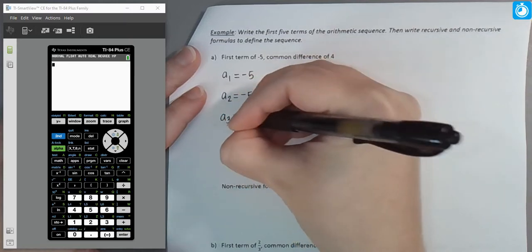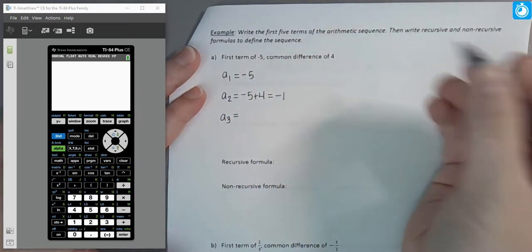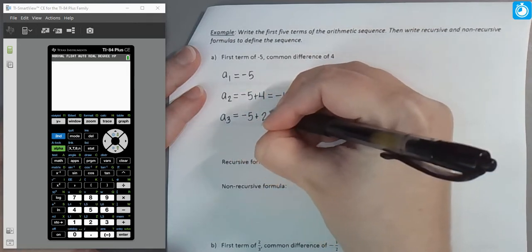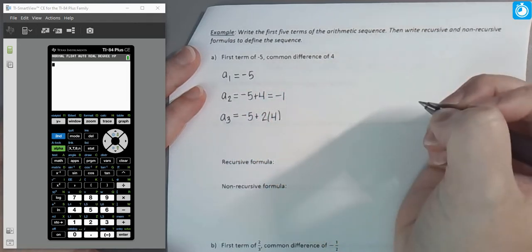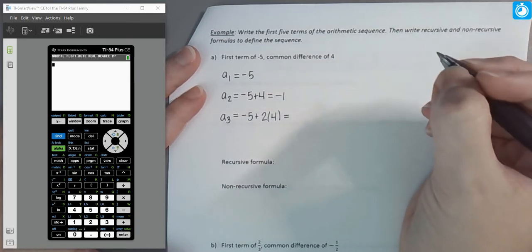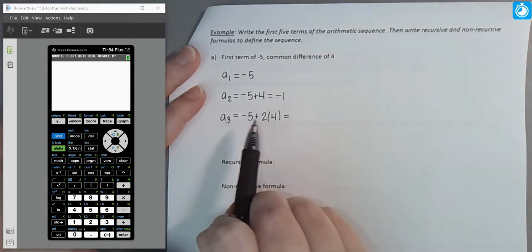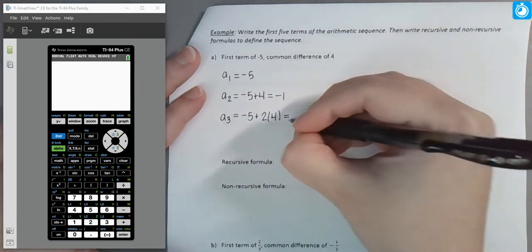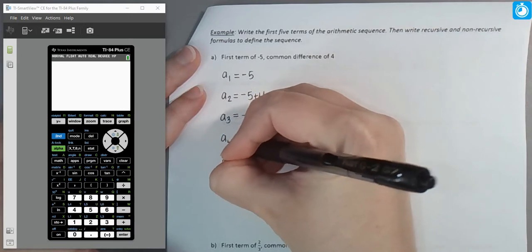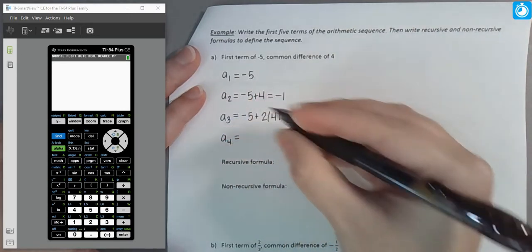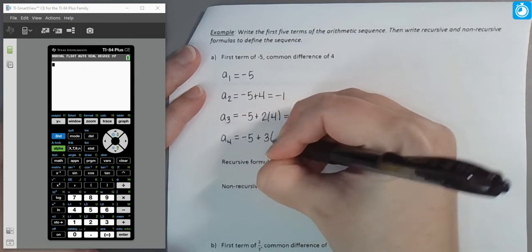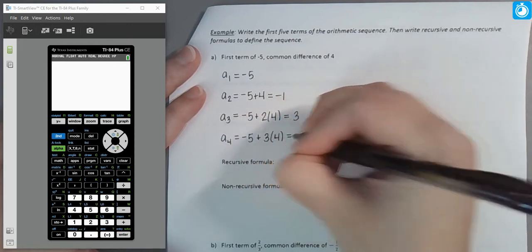Now a sub 3 can be determined in a couple of different ways. We'll think of it as negative 5 plus 2 times our common difference. Based on the definition we have for an arithmetic sequence, that's how we would determine that value. So negative 5 plus 2 times 4, which is 8, is going to give us 3. And then a sub 4 is going to take our first term plus 3 times our common difference.